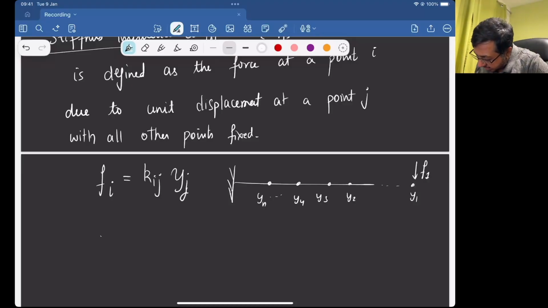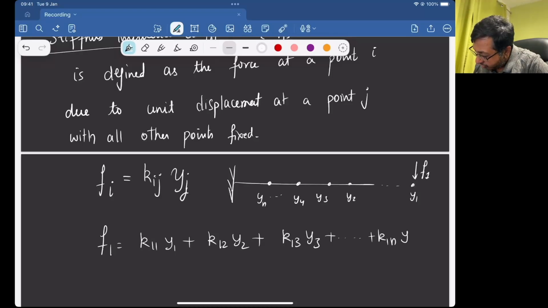Or I can say my F1 is K11 into Y1 plus K12 into Y2 plus K13 into Y3 plus so on plus K1n into Yn. I have all these n points. At each of these points I'm applying a deflection, and I'm trying to calculate the reaction force, or a force at a certain point, right?